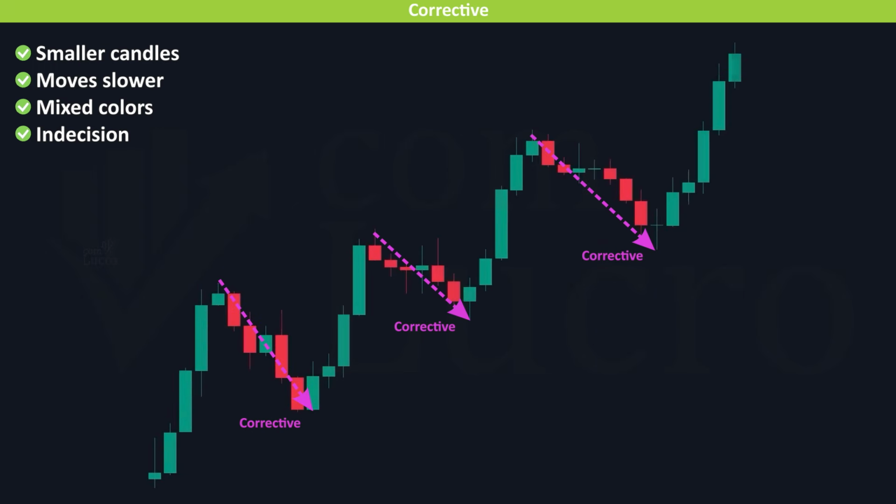In contrast, corrections represent indecision on the chart, marked by mixed-color candles with small bodies and sideways wicks. Identifying the end of a pullback and the start of an impulsive move can be highly profitable, as it enables traders to capitalize on potential buying or selling opportunities in the market.